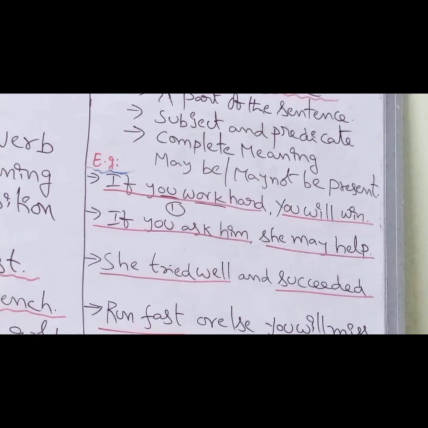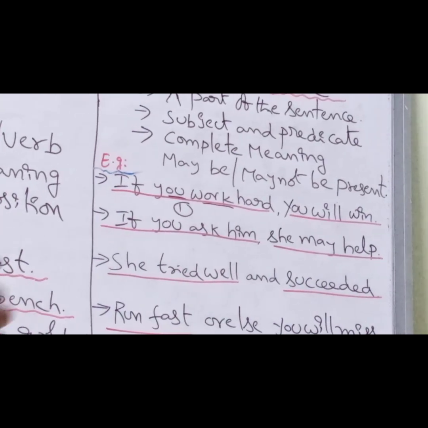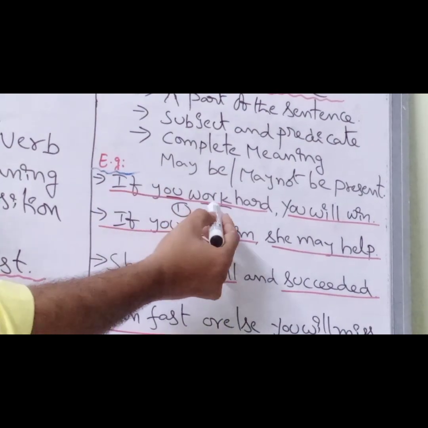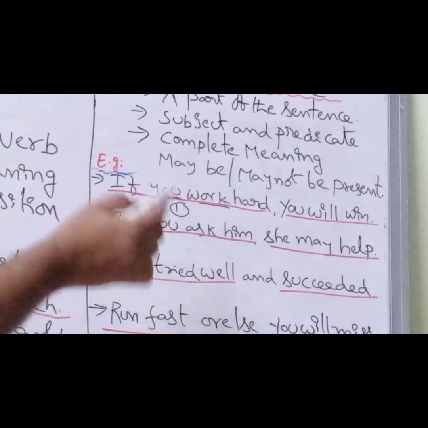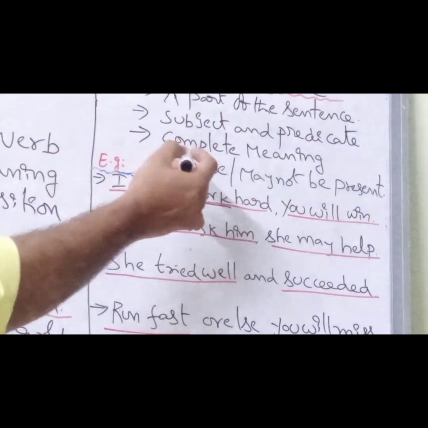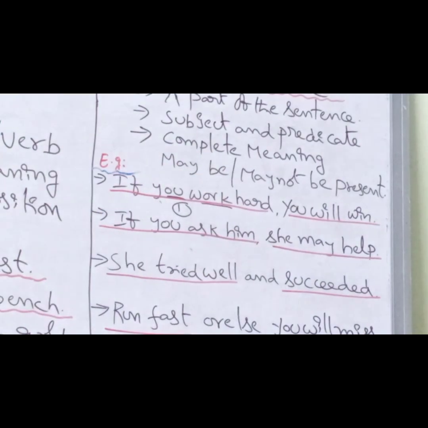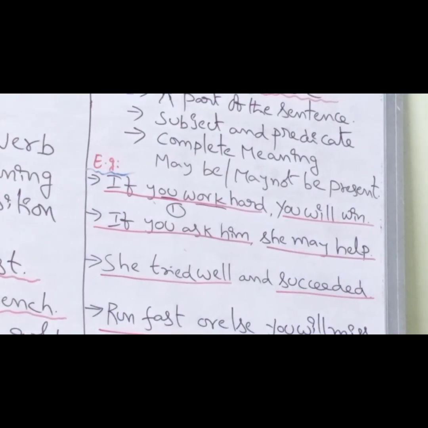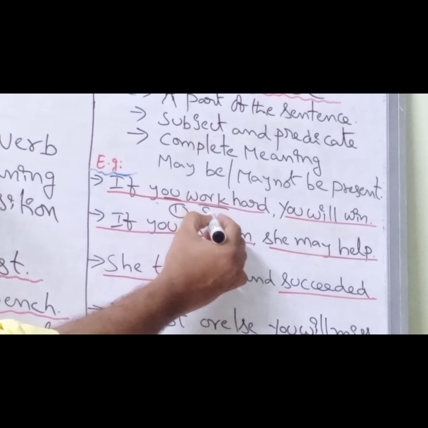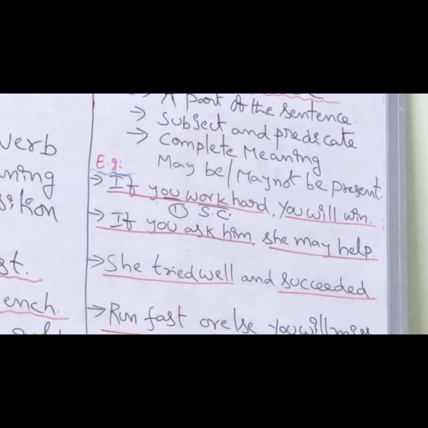No. Complete meaning is not there, but still, it is a part of the sentence. It has its own subject, it has its own predicate. So it doesn't have complete sense, so it is known as a subordinate clause or dependent clause.